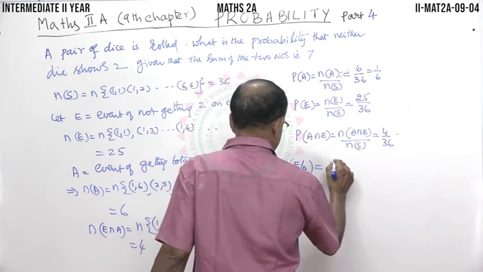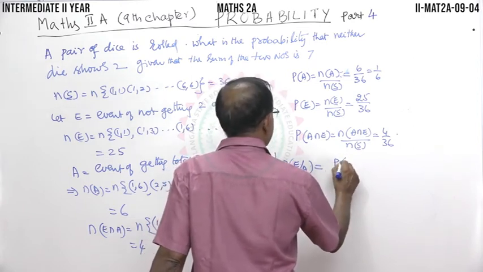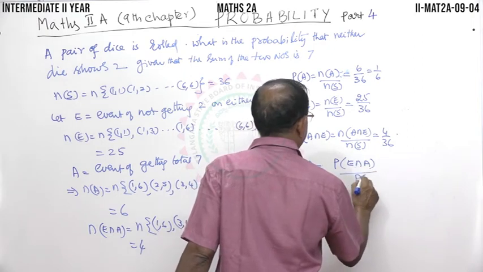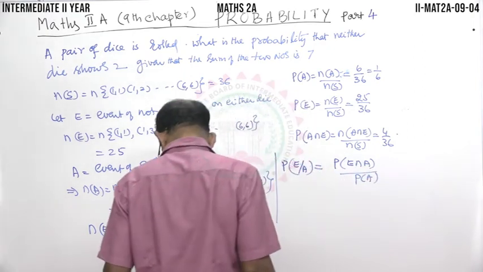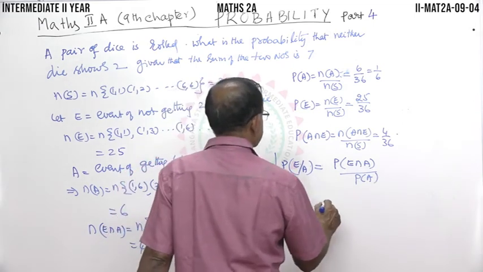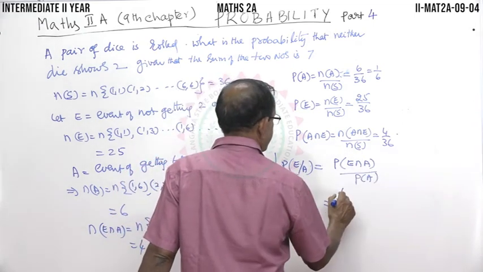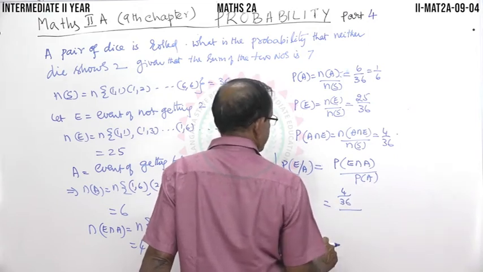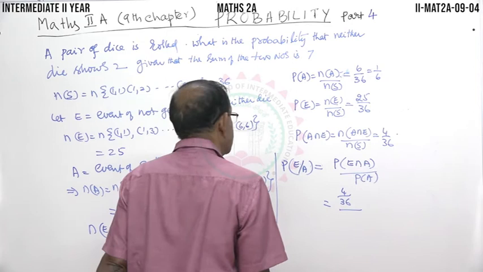That is P of E intersection A by P of A. That is equal to 4 by 36 by P of A is 1 by 6.